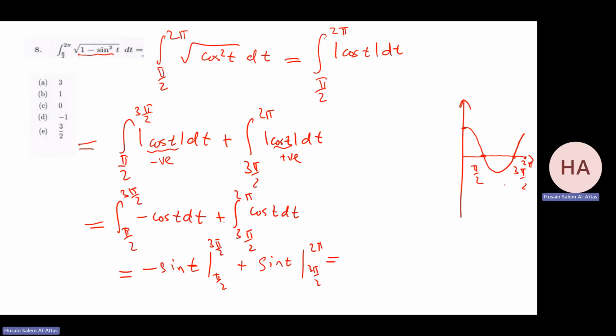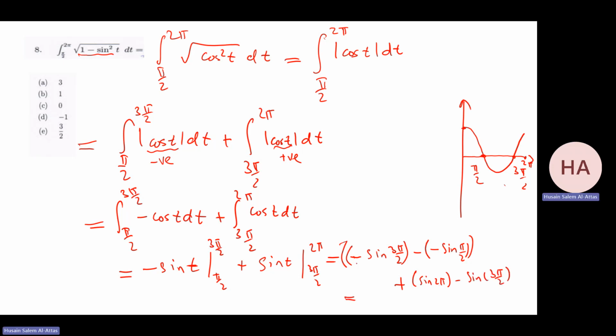That gives me what? Let me do it in detail. Minus sine 3 pi over 2, minus sine pi over 2. This is the first one. Plus sine 2 pi minus sine 3 pi over 2.